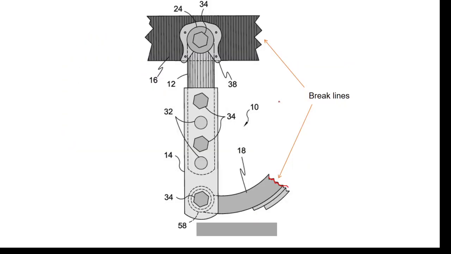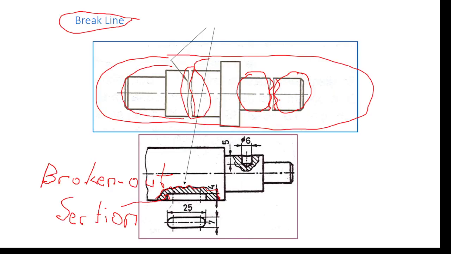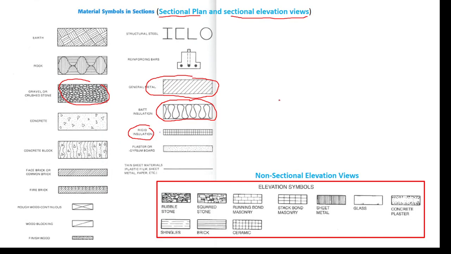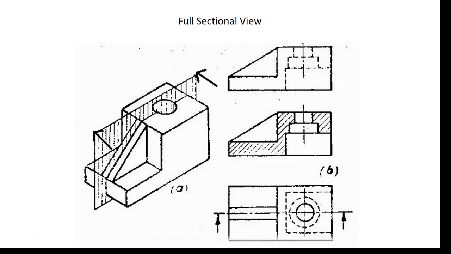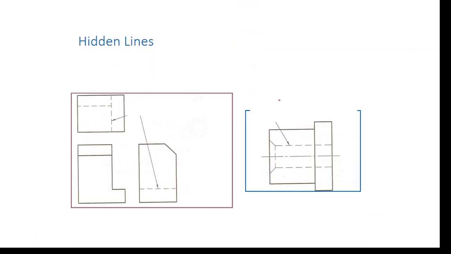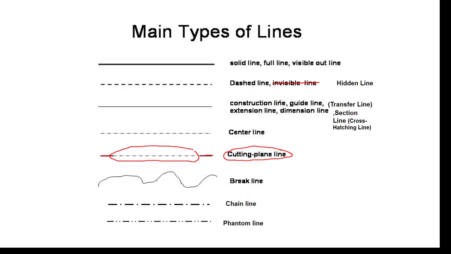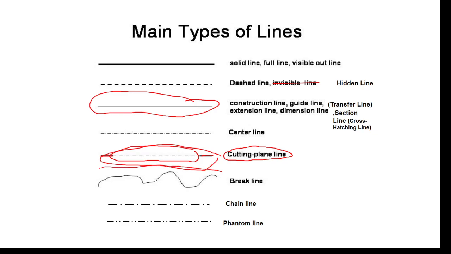Okay, then, that completes this part of my lecture. It was about the meaning of a thin continuous line, and, opening a parenthesis, the meaning of the cutting plane line and also break lines.